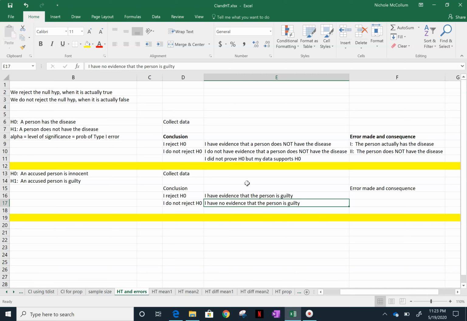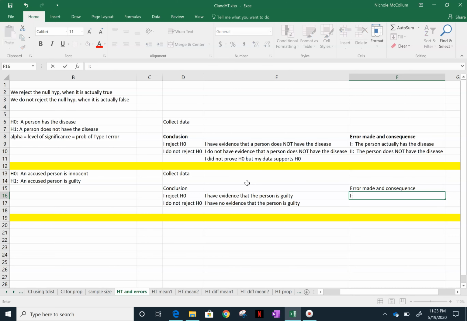Notice we don't show innocence. All right, so what are the errors made? Well, if we reject H not, that means we found evidence the person is guilty. Then they have some kind of punishment. Later down the road, oops, we made a mistake. And the mistake would be a type 1 error, and that mistake is the person is actually innocent.